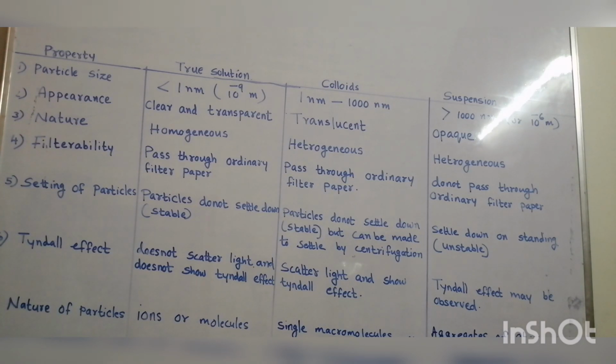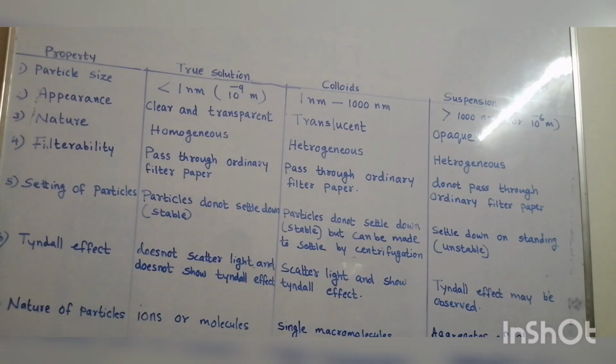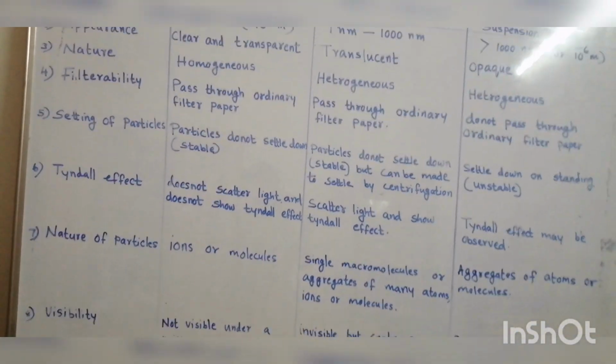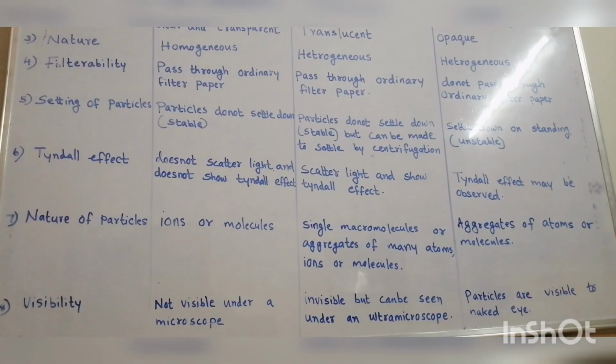Then aggregates of atoms, the group of atoms, many atoms combined together, ions or aggregates of molecules are seen in colloids. Whereas in suspension, only aggregates of atoms or molecules. And then the eighth property, visibility. Seventh property, nature of particles.